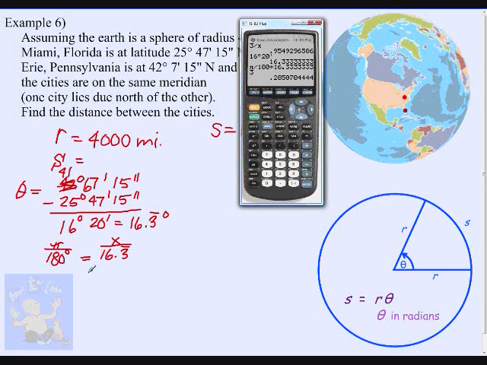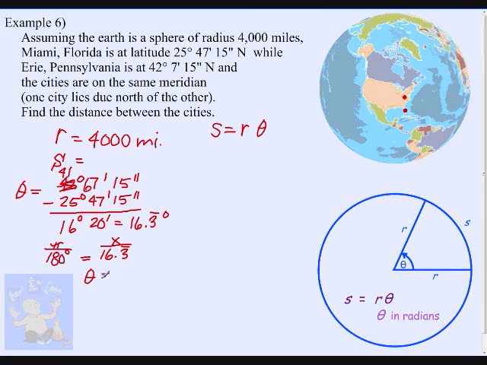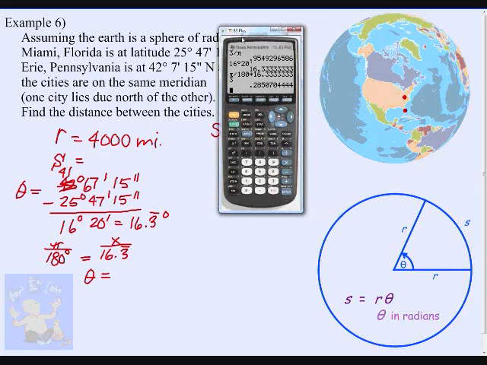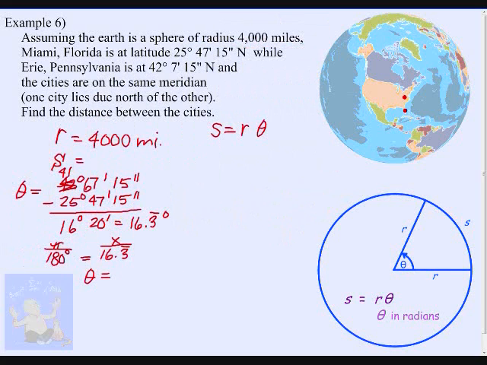So theta, when I do it in radians, is 0.285. So it's fairly small. We expected that, didn't we? That pretty much makes sense.